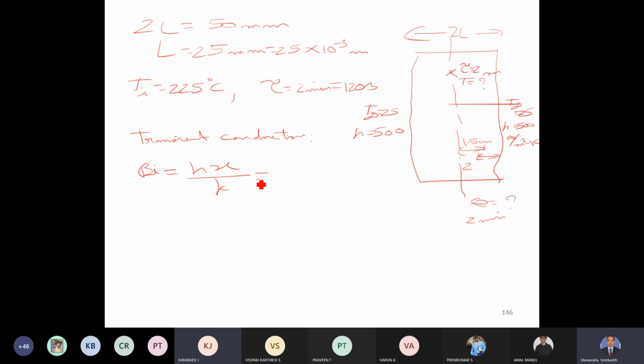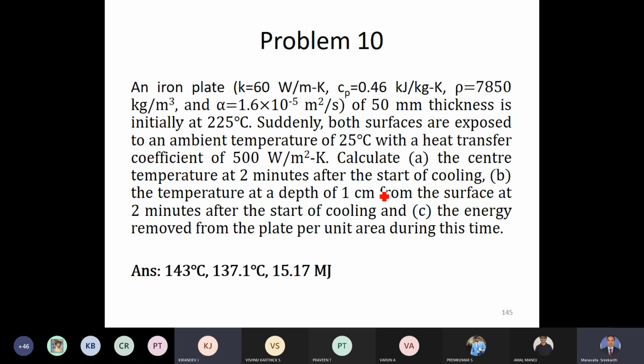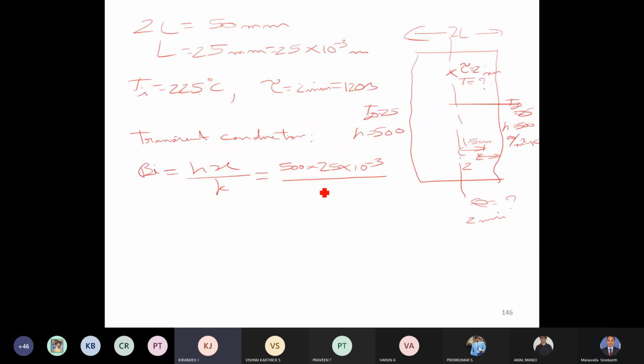We are given the value of h; h is 500. x is nothing but L, which is 25 millimeters, so 25 multiplied by 10 to the power minus 3, divided by the conductivity, which is 6.